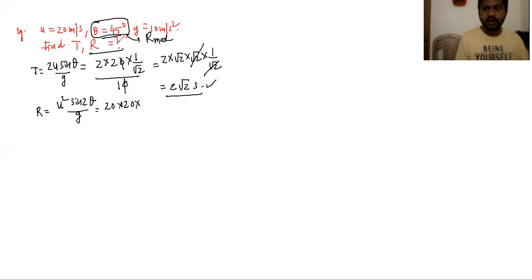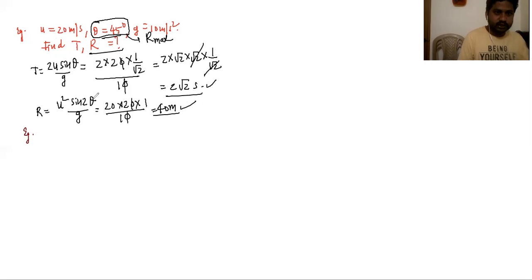Maximum range is possible at what angle? 45 degrees. 20 into 20 into sine 90, which is 1, divided by g, which is 10. So here I get range as 40 meters. For any other angle, the range will be lesser than this 40 meters. So like this, the numericals will be asked. These are the basic things.